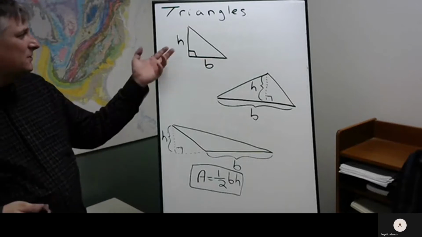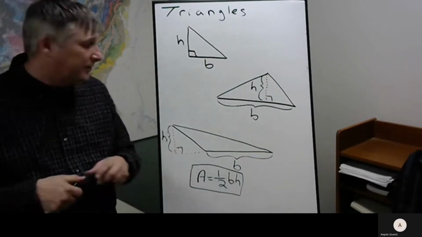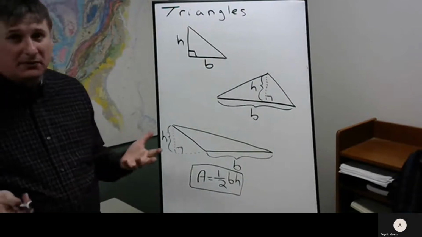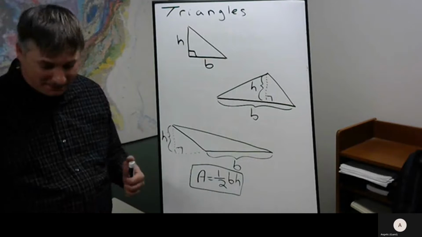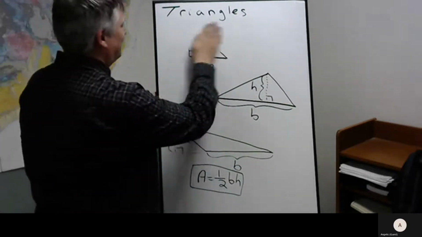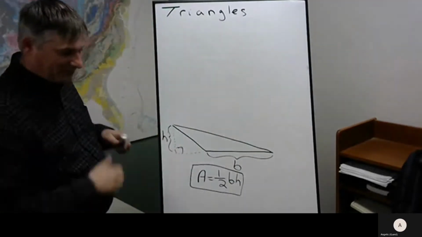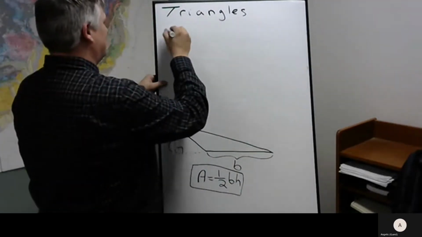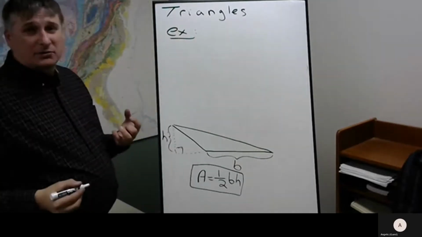So again, you can turn these into rectangles, squares, or you can turn them into parallelograms, actually. And that's probably the easiest thing to do for some of these. And then you can derive this formula. So let's do some examples. So let's say you have this triangle.